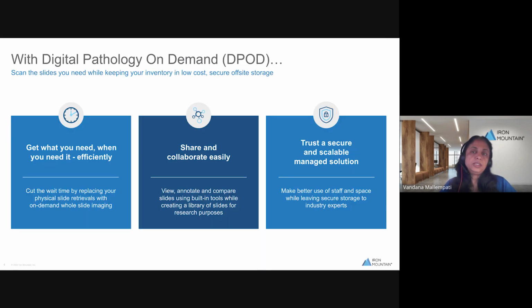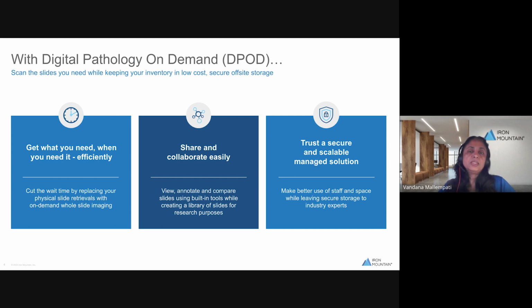Iron Mountain's digital pathology on demand service has three key ways to speed pathology collaboration. The first is to get what you need when you need it. We are not suggesting to image everything. We are suggesting getting just the slide images information just when you need it.